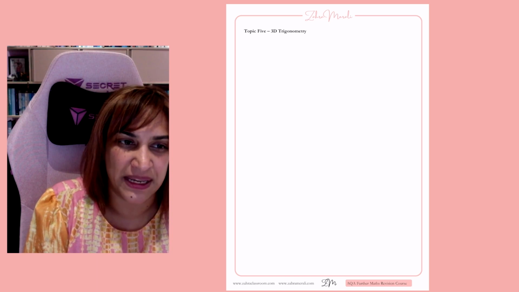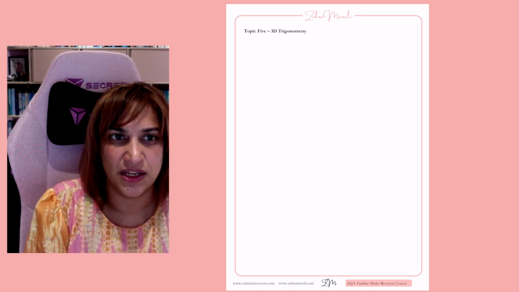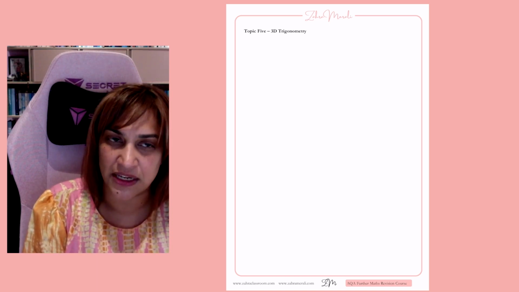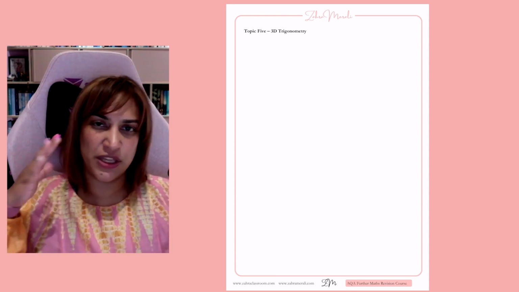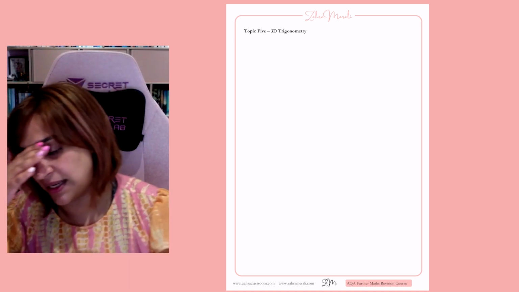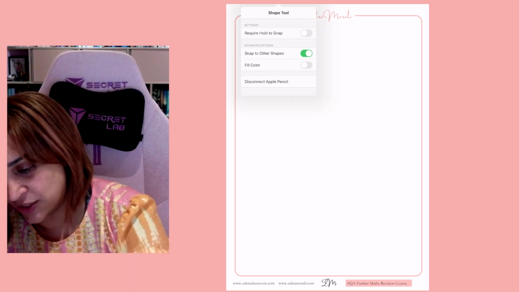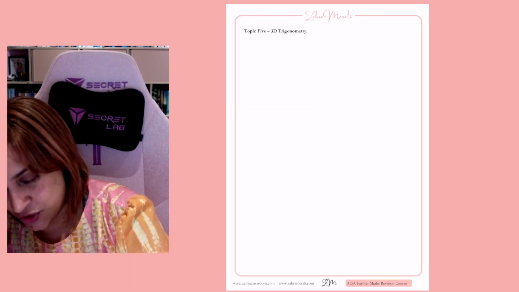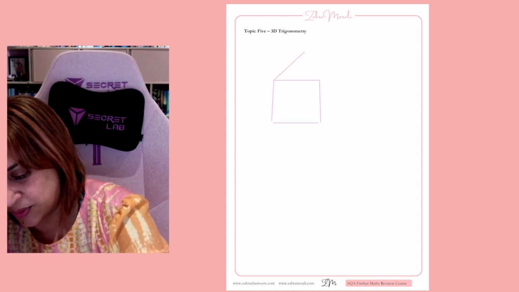The next topic is 3D trig. So when we've got 3D trig, what we're looking for a lot of the time is like a triangle floating in 3D. I'm incredibly bad at drawing this, so let's see if we can draw something, otherwise I'm going to have to show you with an example probably.